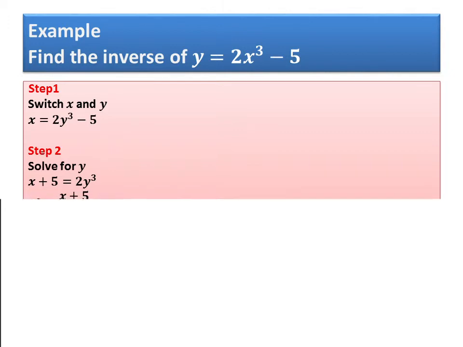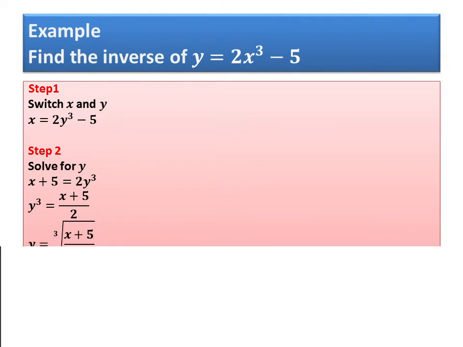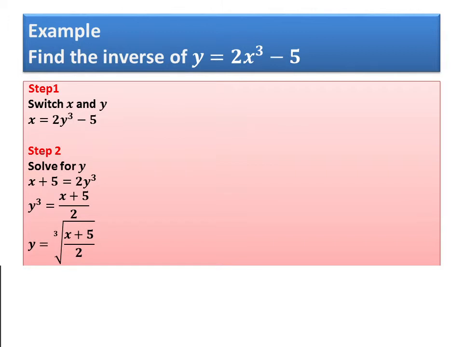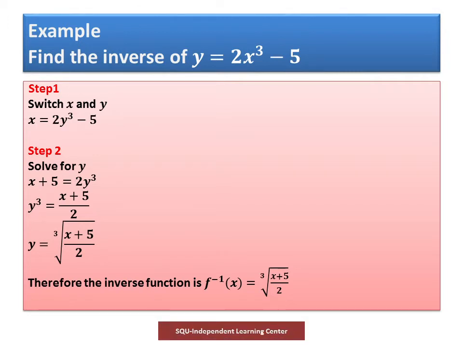Now, dividing both sides by 2, we have y cubed equals x plus 5 over 2. Taking the cube root of both sides gives you y equals cube root of x plus 5 over 2, which is the inverse function of the function we have in the statement of the example.